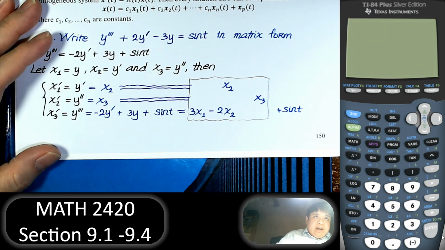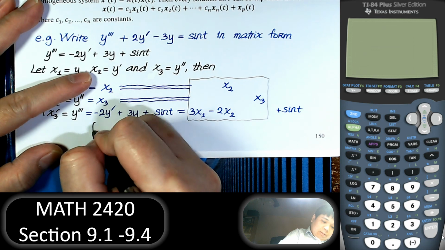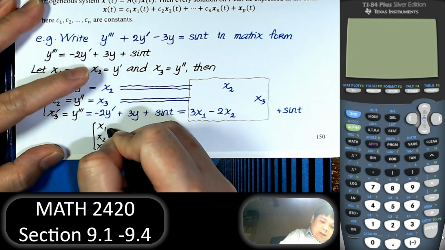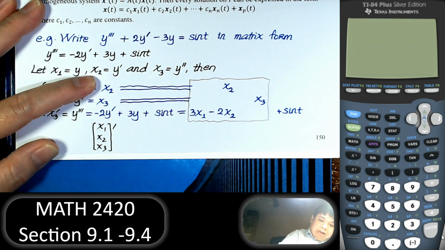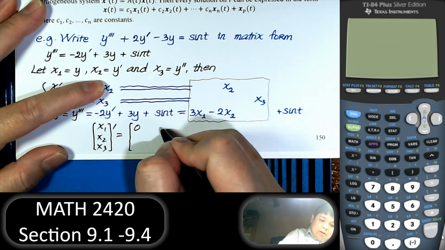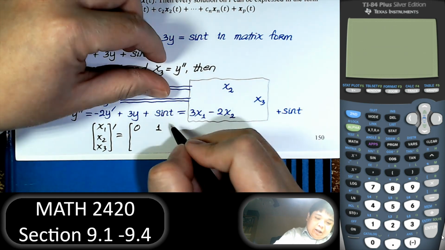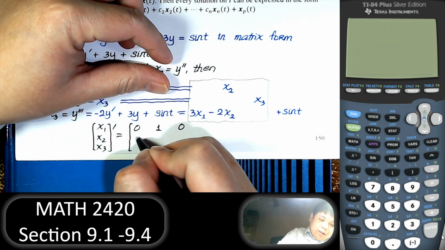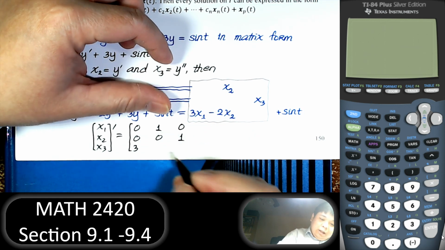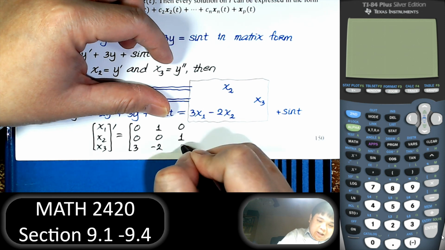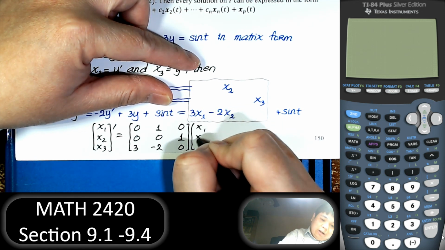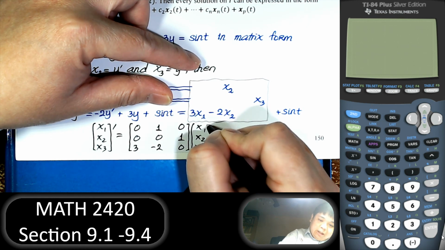This is what we're going to have: the derivative of x1, x2, x3 equals the matrix 0, 1, 0; 0, 0, 1; 3, negative 2, and 0, times x1, x2, x3.